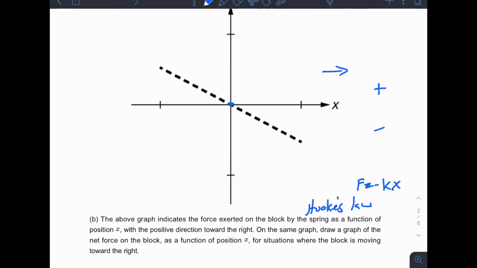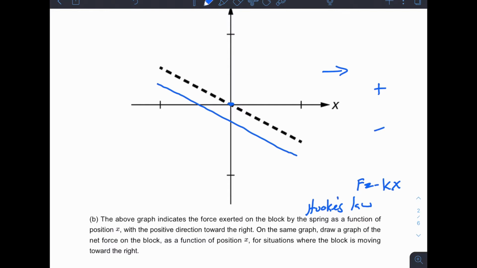And if it's moving, that means that's a kinetic friction force, and kinetic friction force is a fixed amount of force. So what we would have is a constant force in the negative direction as long as it's moving to the right, and that would be added to the spring's force to give us a net force. So we would end up with something like this.